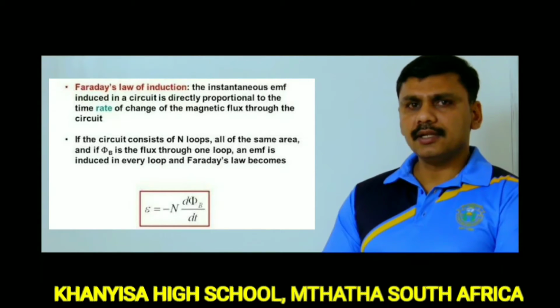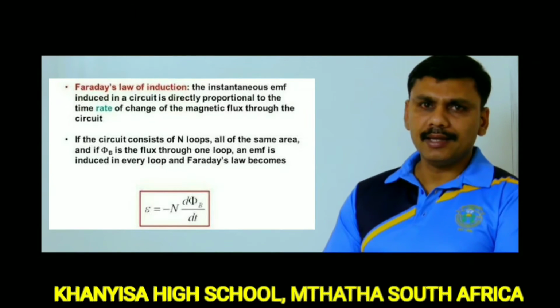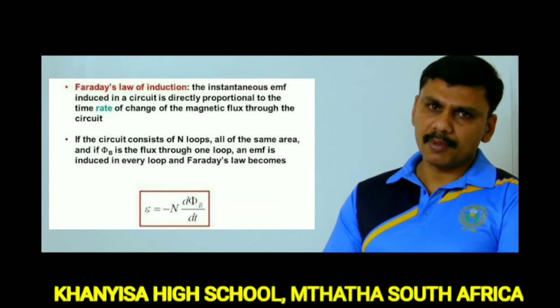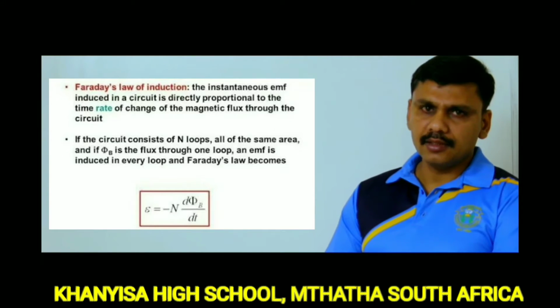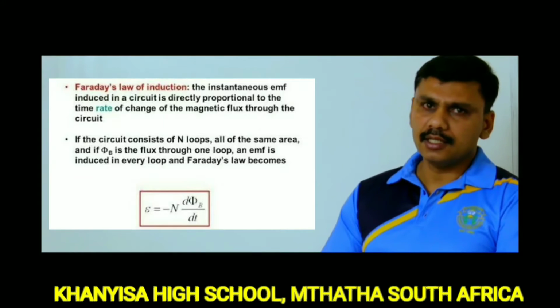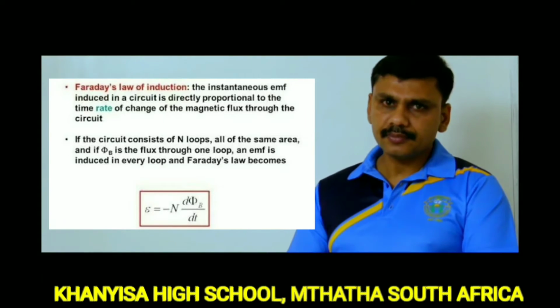It is represented in the way epsilon is directly proportional to minus N delta phi divided by delta t. Epsilon represents induced voltage. N represents the number of turns. Delta phi divided by delta t represents the rate of change of magnetic flux.